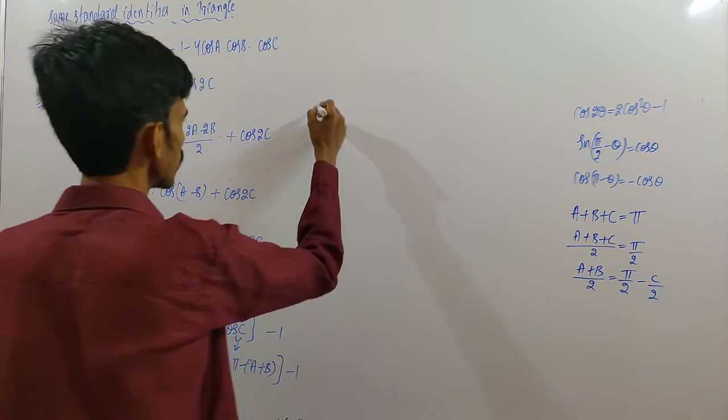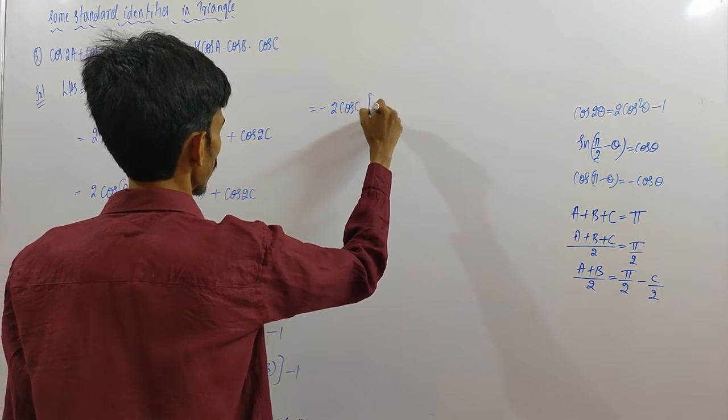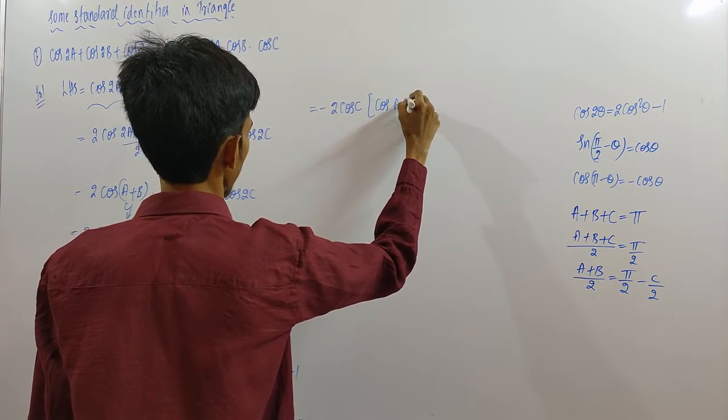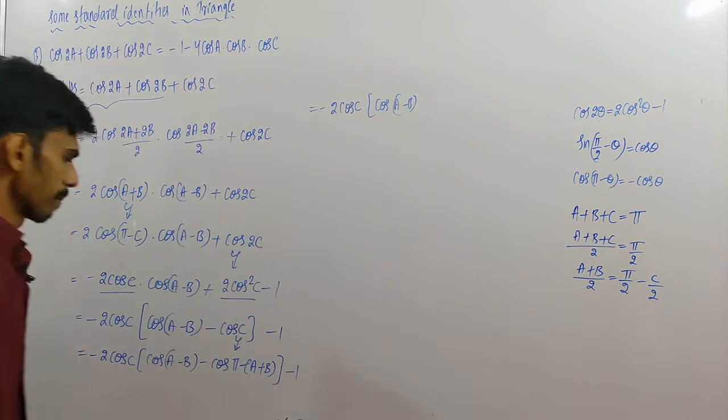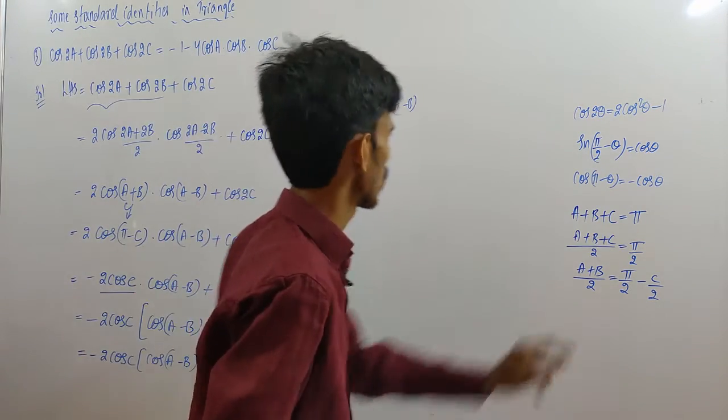That is equal to -2 cos C [cos(A-B) - cos(180 - (A+B))] - 1. Cos(180 - theta) is minus cos theta.